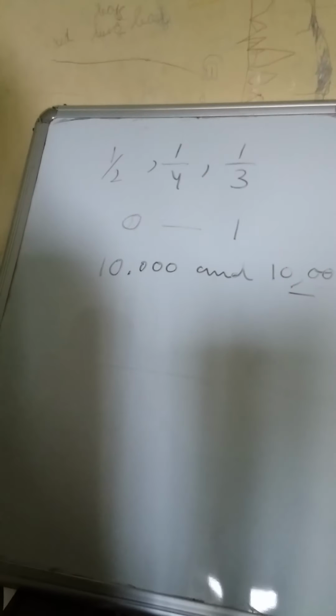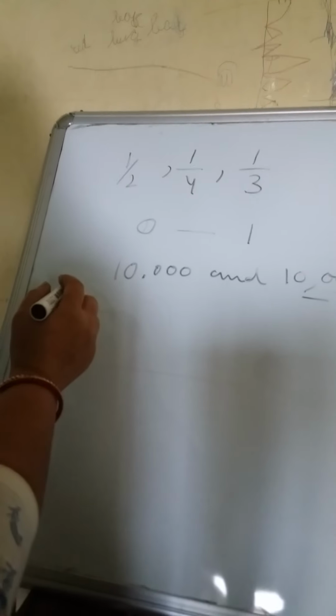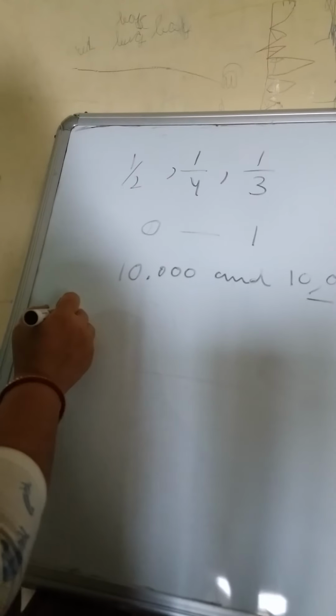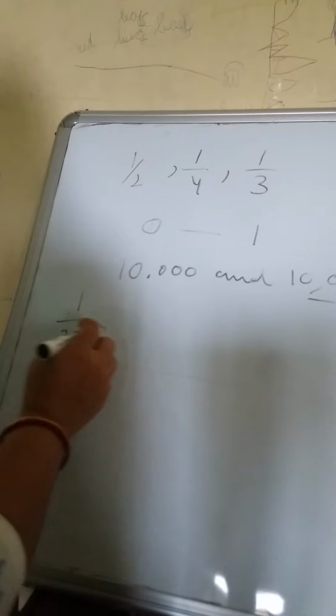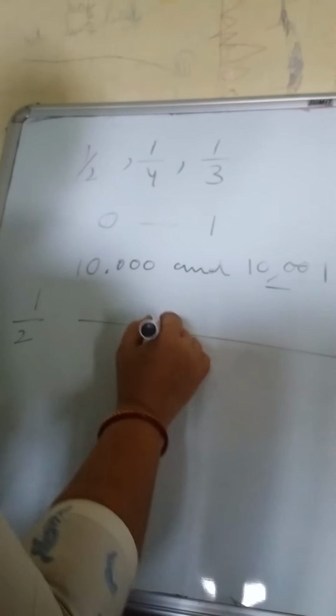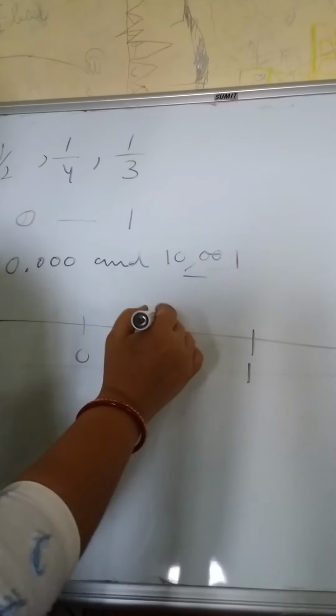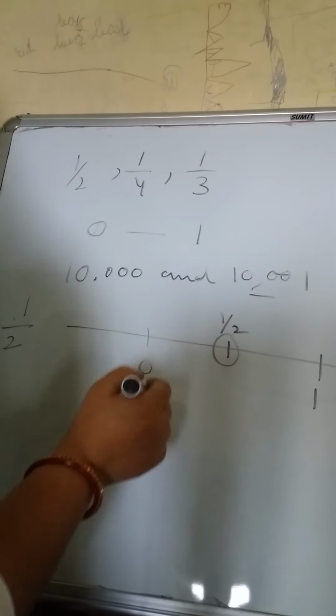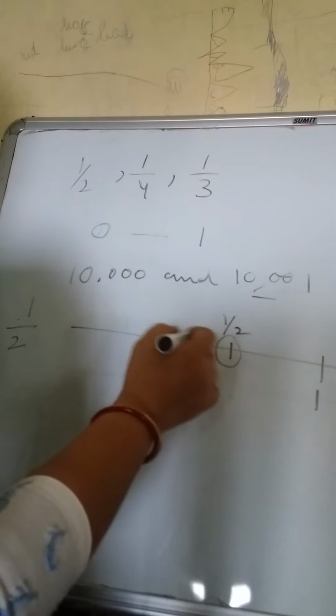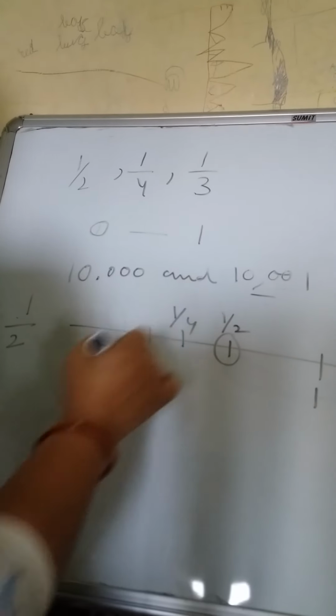Say 1 by 2, we have seen where it is located. So here it is. Now if I make it half, I'll get 1 by 4.